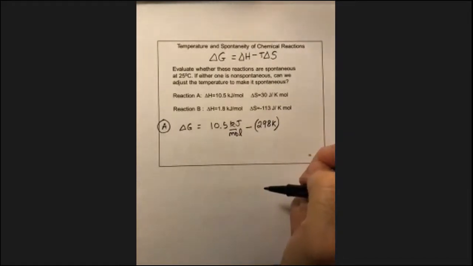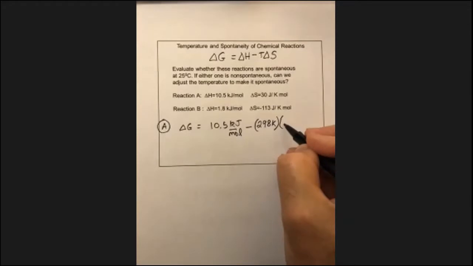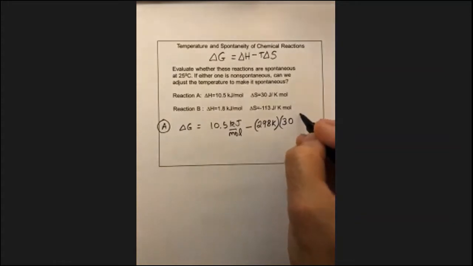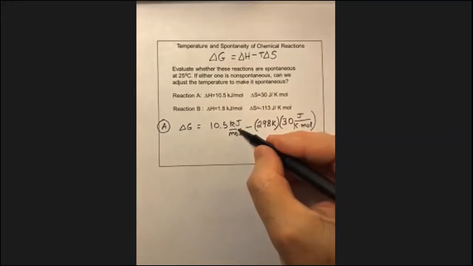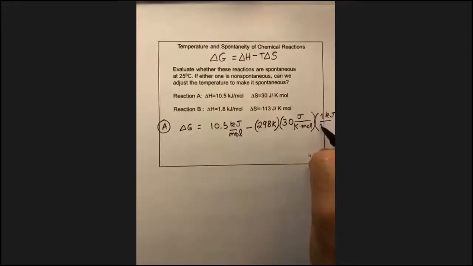And it says the entropy change is 30 joules per Kelvin per mole. But because enthalpy was in kilojoules, we had to convert that. So 1 kilojoule is 1,000 or 10 to the third joules. So that'll cancel out.